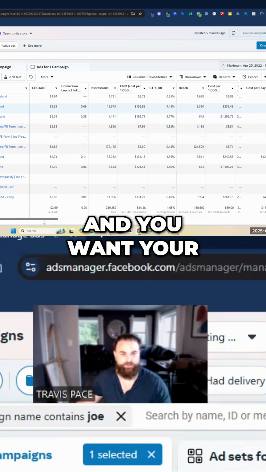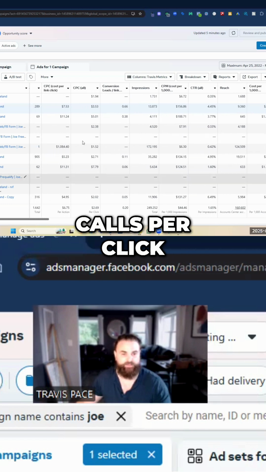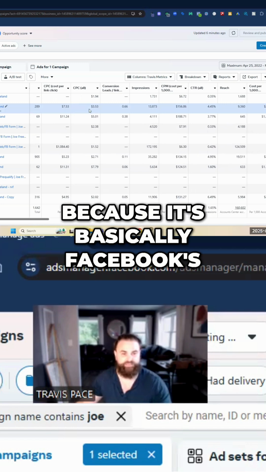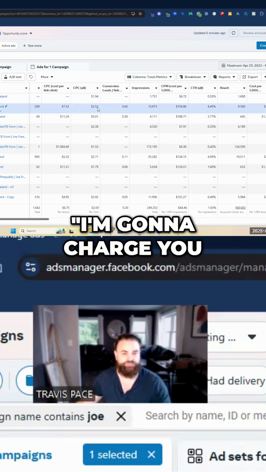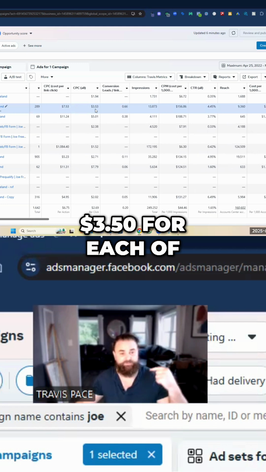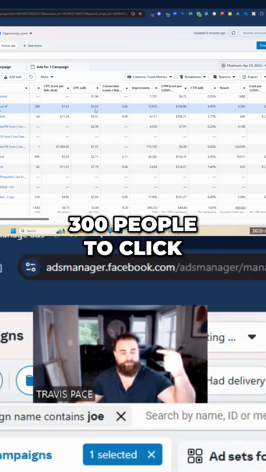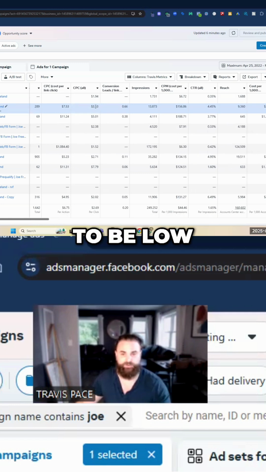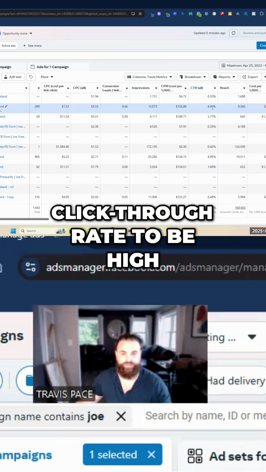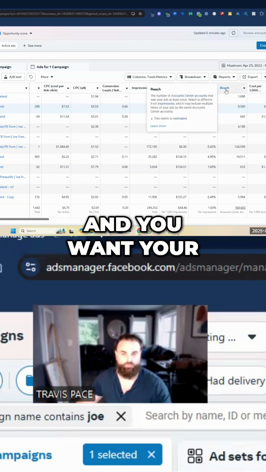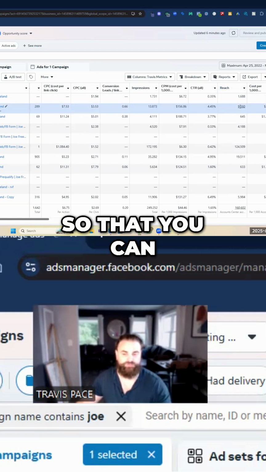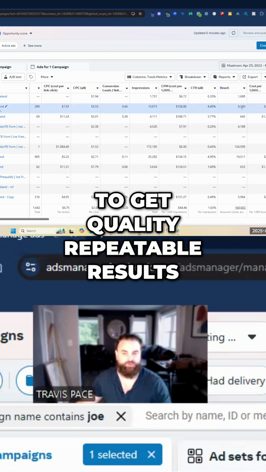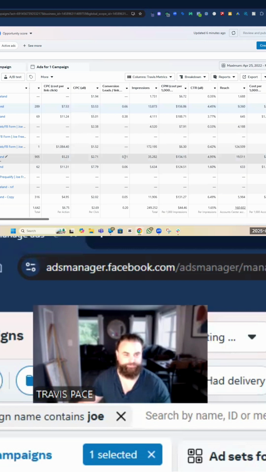And you want your cost per click to be as low as it can be because it's basically Facebook's way of saying, I'm going to charge you $3.50 for each of those 200, 300 people to click the link and learn more about it, right? So you want this to be low, but you want your click-through rate to be high, and you want your reach to be high as well so that you can really determine, are you in front of enough people to get quality, repeatable results.